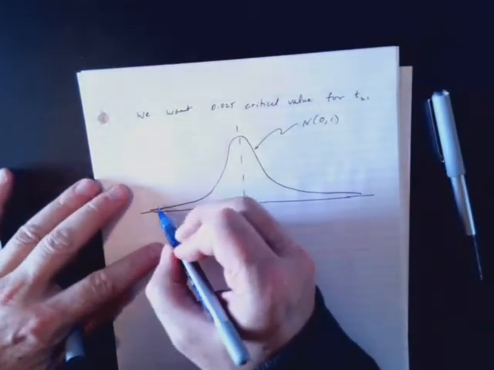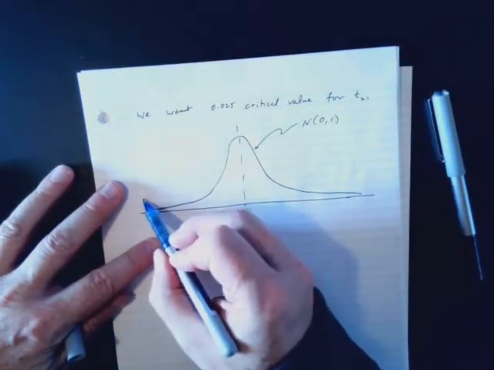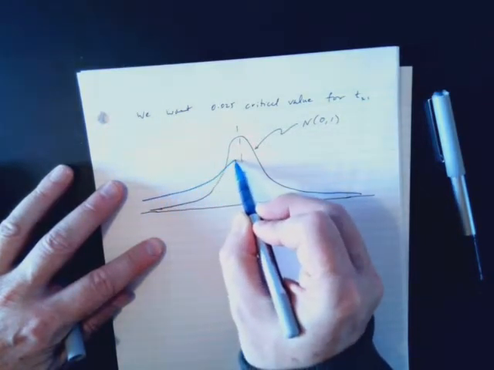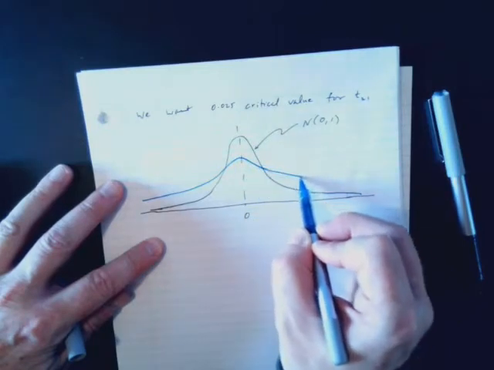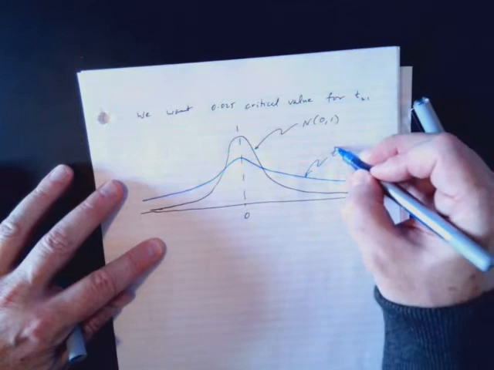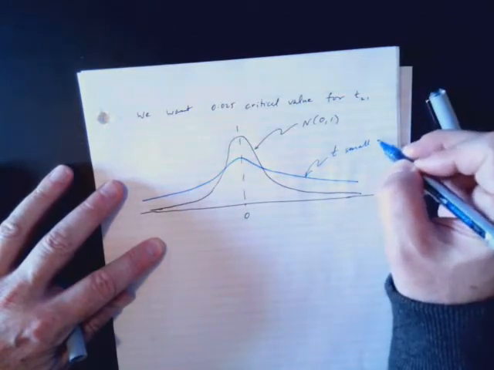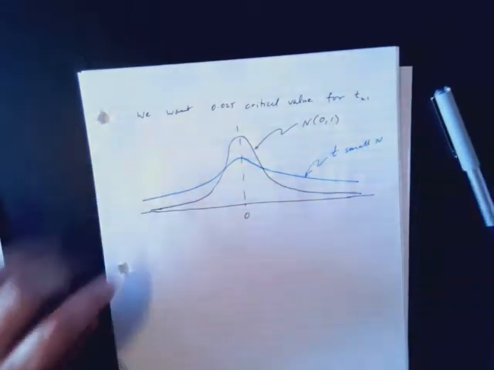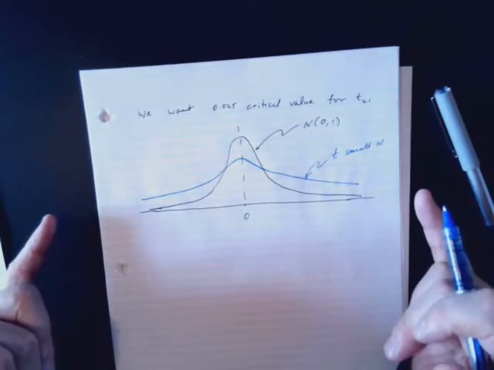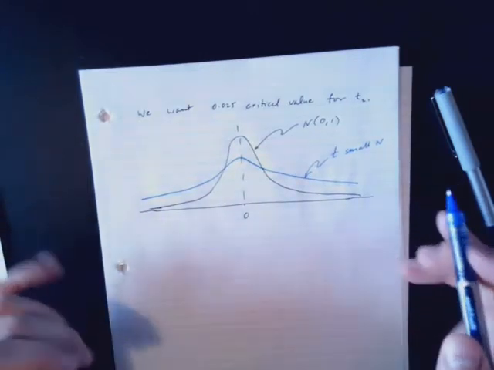If you have a t-distribution with a very small sample size, what it gives you is a distribution sort of like this. Which means if you want to encompass 95% of that distribution, you're going to need much wider confidence intervals.